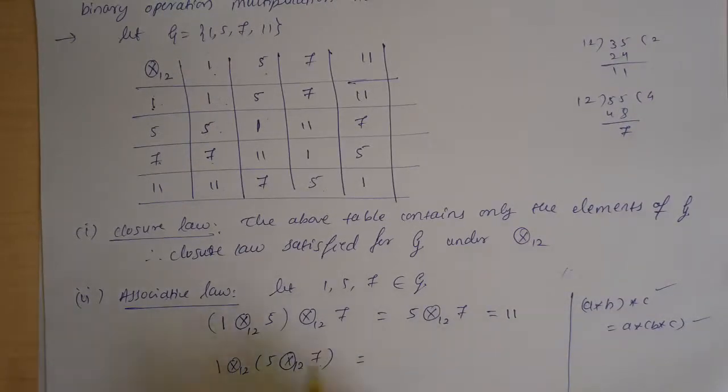So the first element stays as it is, 1 multiplication modulo 12, and the value of 5 into 7, that is 35 divided by 12, is 11. Now multiplying 1 and 11 gives 11, right.